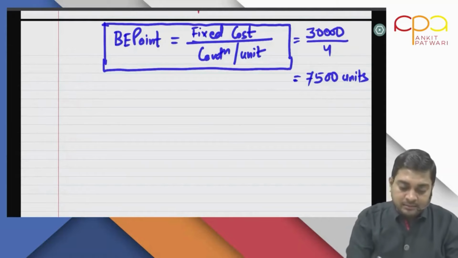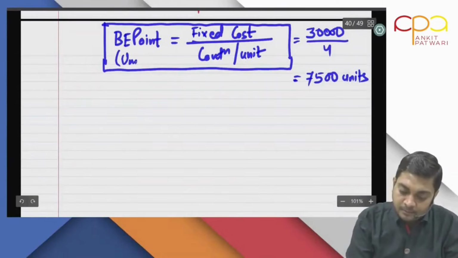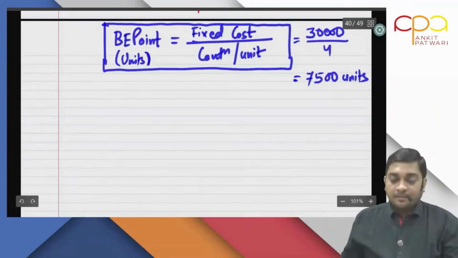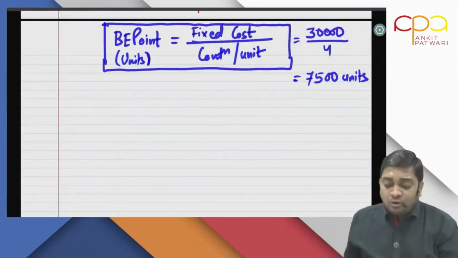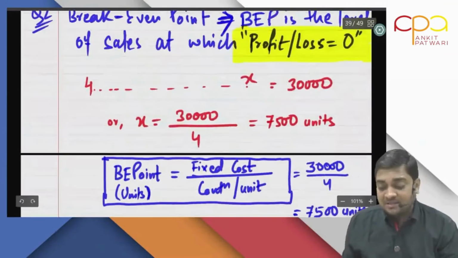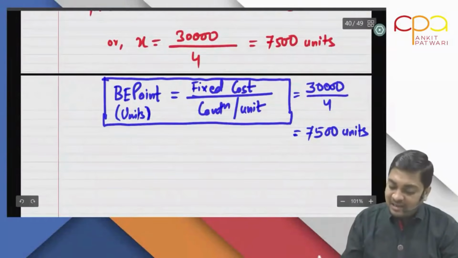Is that fine? Sometimes they calculate break even point in terms of rupees. So sir, once I have got it in units, I will simply multiply with selling price.